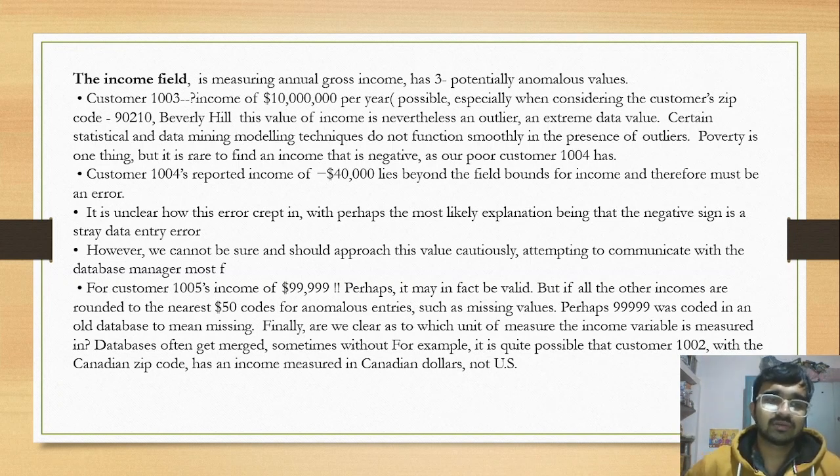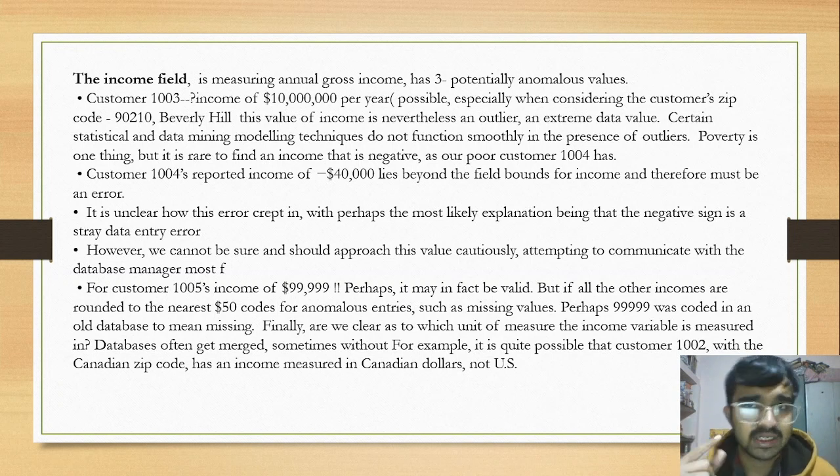For customer 1005, an income of $999, perhaps it may in fact be valid, but if all the other incomes are rounded to the nearest $50, perhaps 999 was coded in an old database to mean missing, as is common for anomalous entries such as missing values.